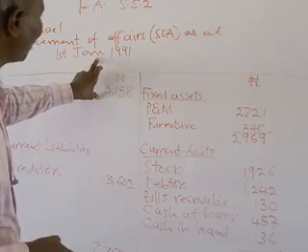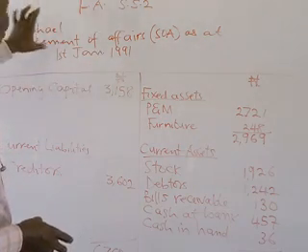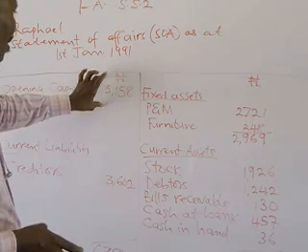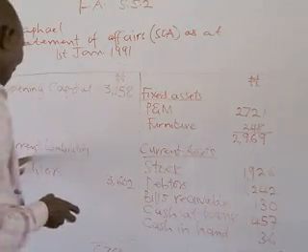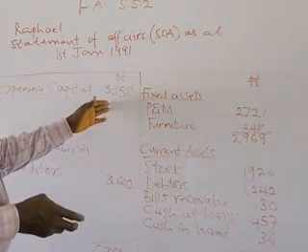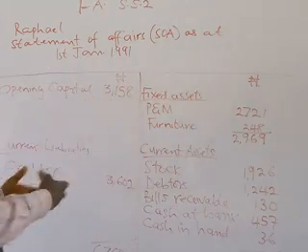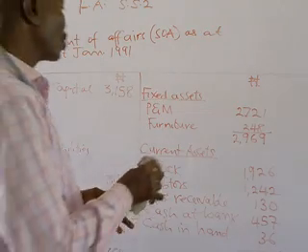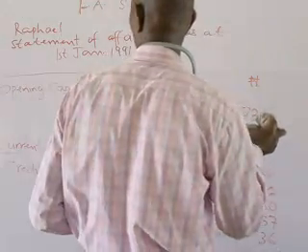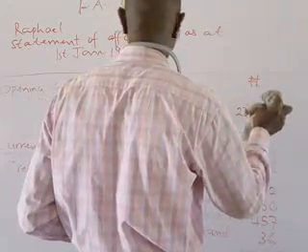Here we have derived what Raphael has as capital as at 1st January by adding the assets together and subtracting the liabilities. That will give you the opening capital. Then you go ahead and also prepare the SOA for 31st December of the same year.